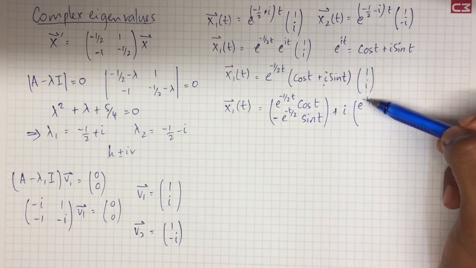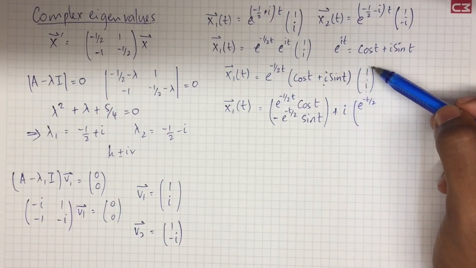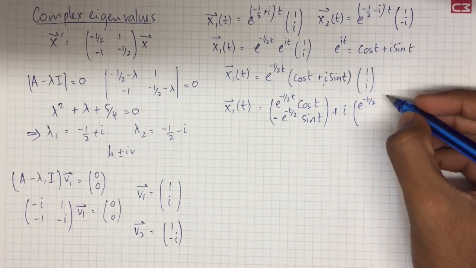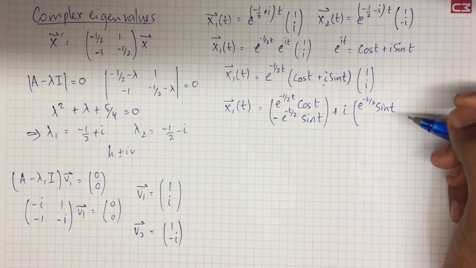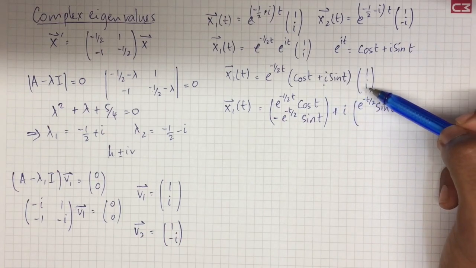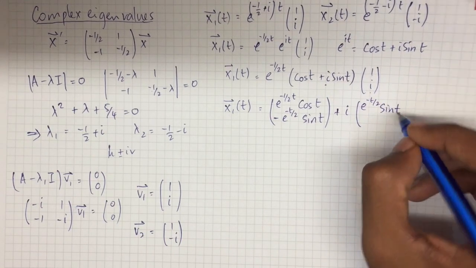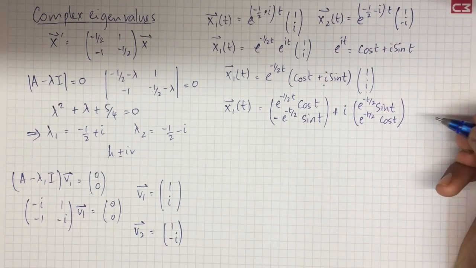In the top row, i has to be multiplied by 1 to give me imaginary, so I'm going to have sine in the top row. In the bottom row, I'll have cos, because cos multiplied by imaginary gives me e raised to the power minus t over 2 of cosine t.